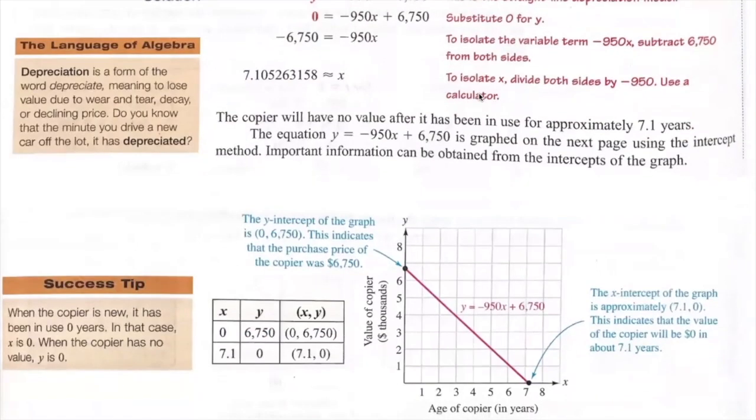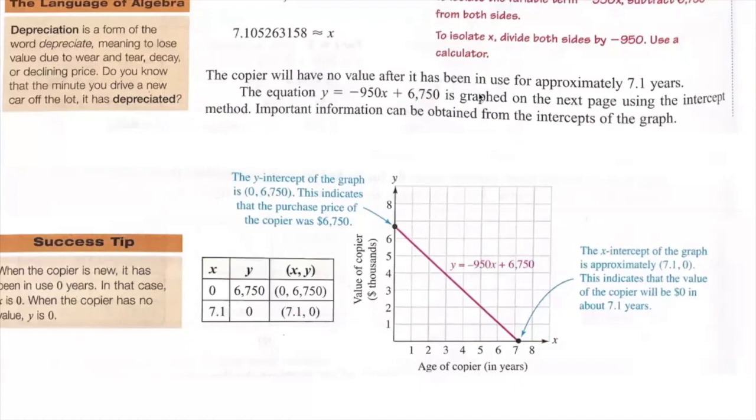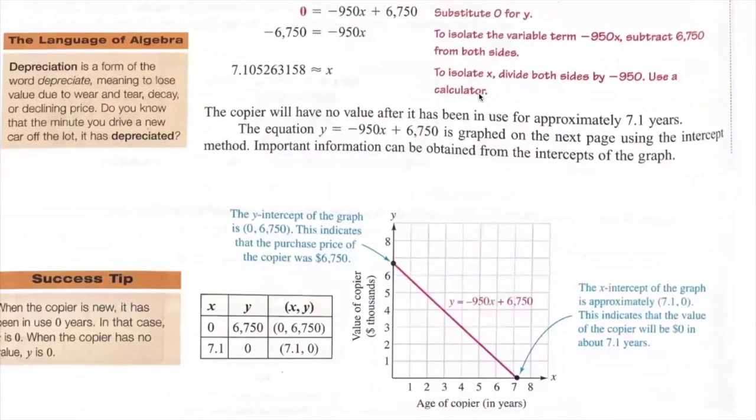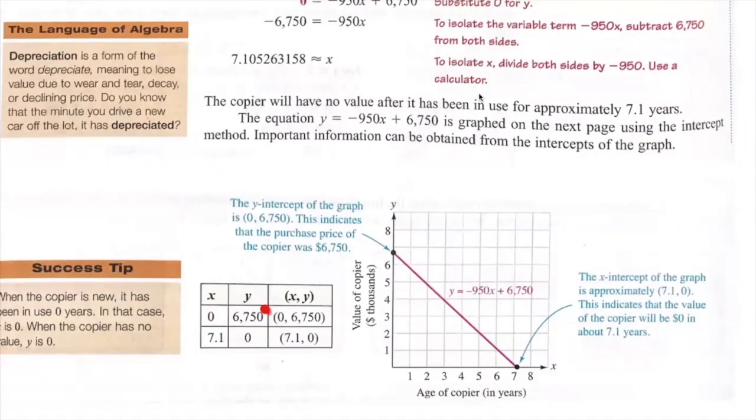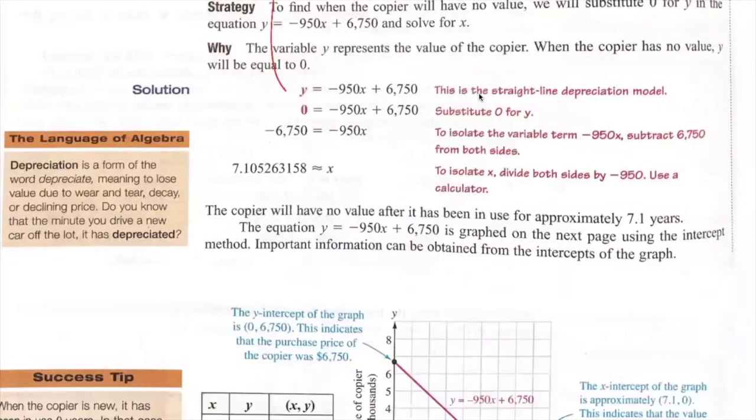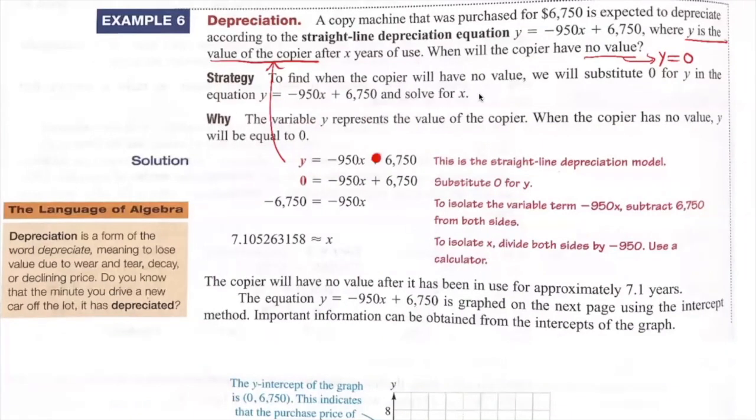Now to graph this equation, since we only consider positive time, we only have x, the number of years, to be a positive number. When x equals 0, that means when the copier is brand new, we substitute 0 into x and we get y to be 6,750. So that is the brand new value of this copier.